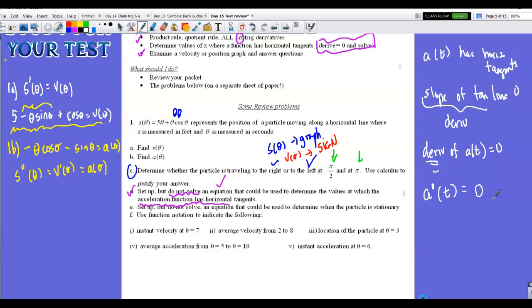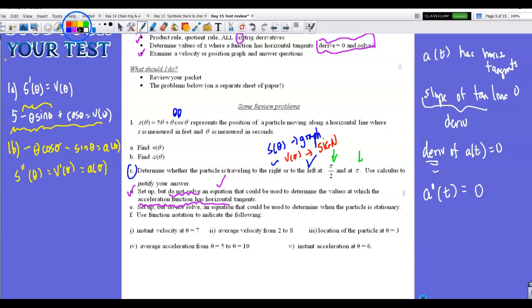That's the symbolic representation of what we're looking for in letter D. Pay very close attention to that. I'm not setting acceleration equal to 0. Setting acceleration equal to 0 would be when the acceleration graph crosses the x-axis. I want the horizontal tangents of the graph.